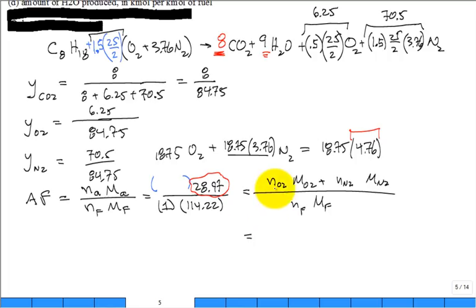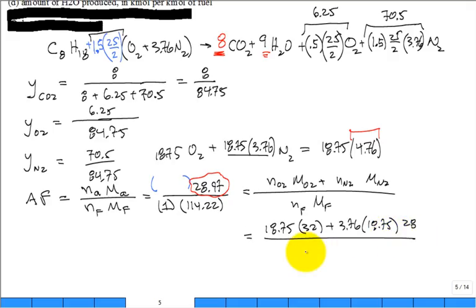So let's finish this one out this way. How many moles of oxygen? Well, it's 18.75, isn't it? And then the molar mass of oxygen, that one you've got to look up. It's 16 and 16, around 32. And then how many moles of nitrogen? 3.76 times the 18.75. Molar mass of nitrogen, 14 and 14, around 28.